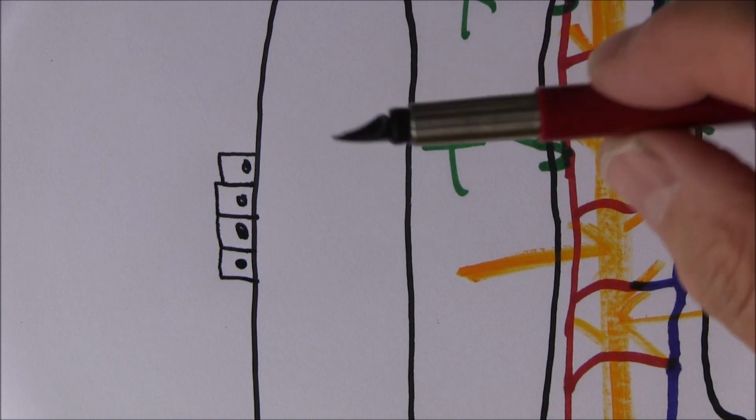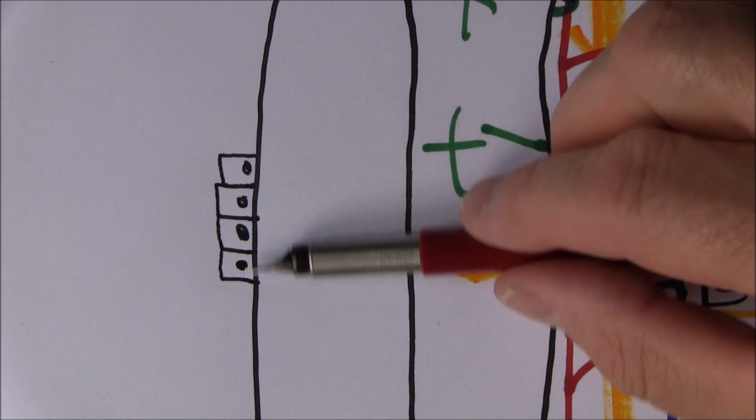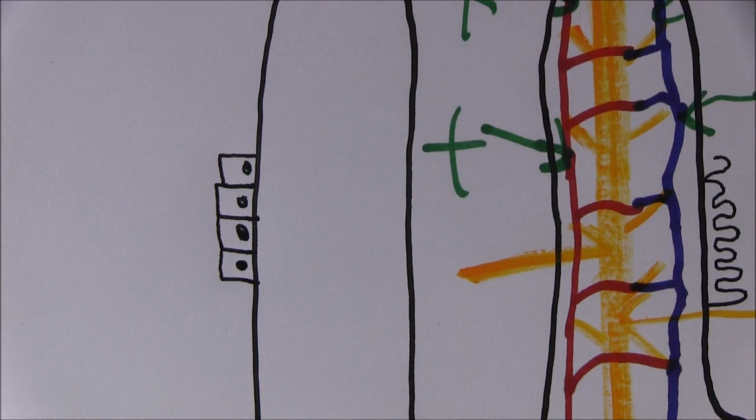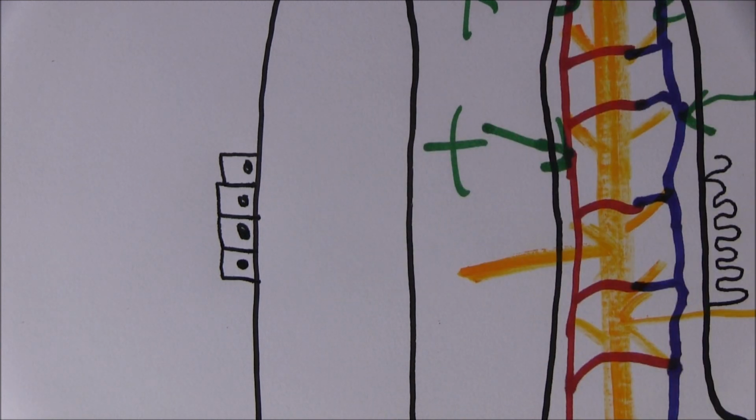So there's actually a single layer of epithelial cells covering the intestinal villi. And the most common sort of cell lining the villi are the enterocytes. But there's also other cells. For example, there's goblet cells to produce mucus.